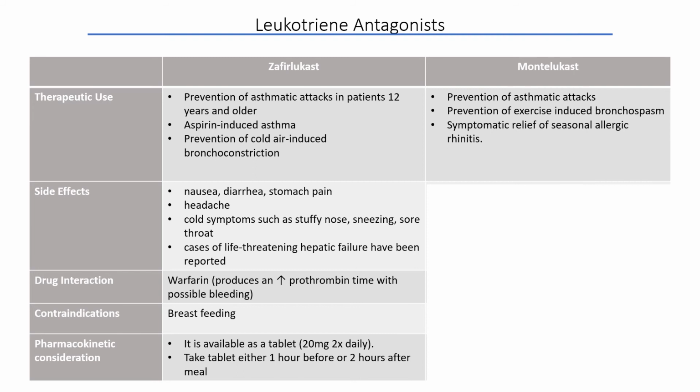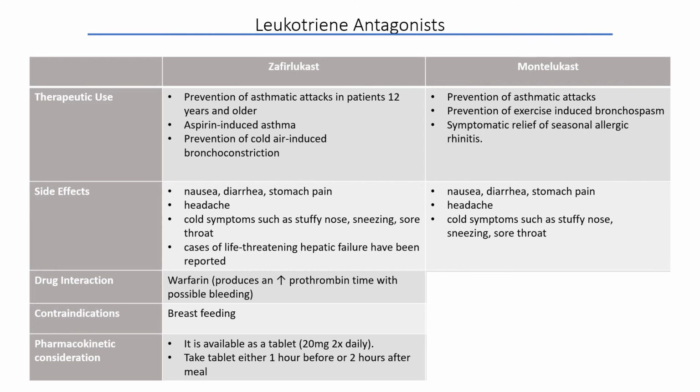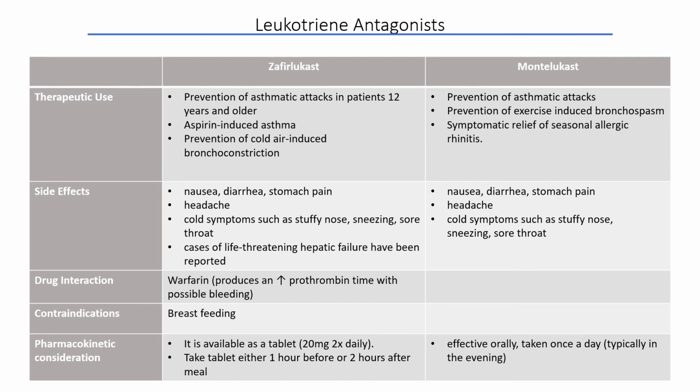Common side effects are similar to what you would see with zafirlukast, but without the risk of hepatic failure. Montelukast is effective orally and is taken once a day, typically in the evening.